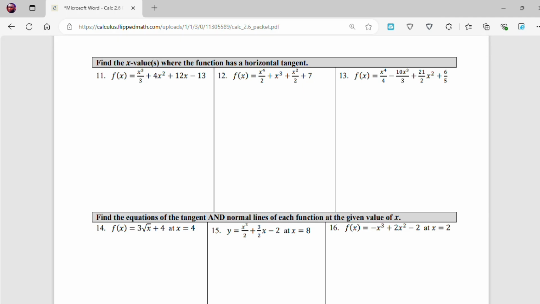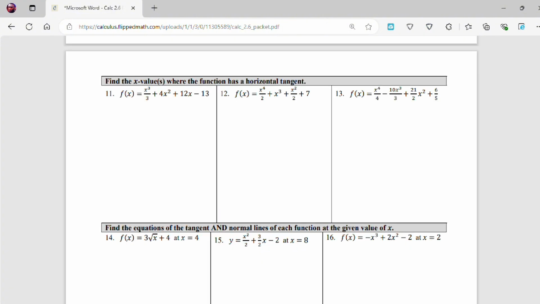Find the x values where the function has a horizontal tangent. You should have learned earlier in the lesson that dy/dx equals 0 means that there is a horizontal tangent. So horizontal tangents exist at dy/dx equals 0, when your slope is 0.